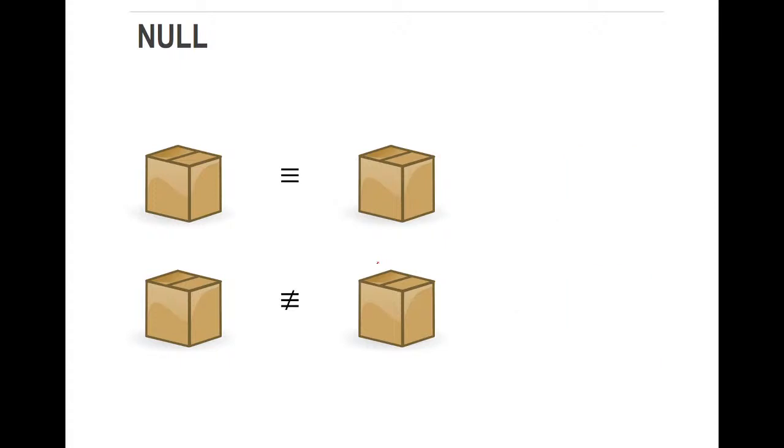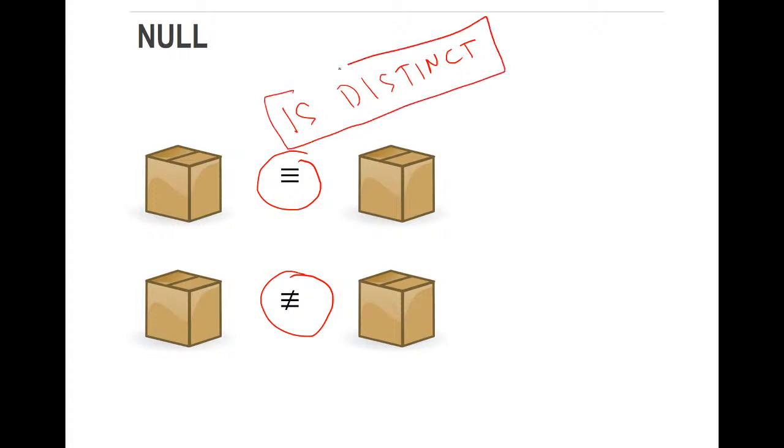So that's basically it, except that we now have a last symbol. In the context of SQL, this is called isDistinct. isDistinct is a very special construct that is present when we are dealing with null, because what we want is to treat a null value as a value instead of an unknown value.